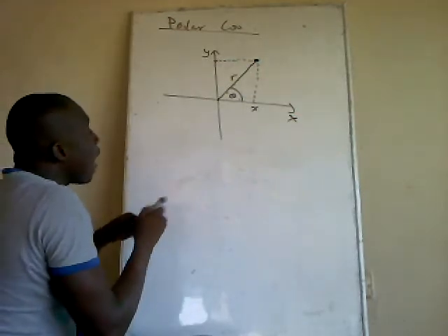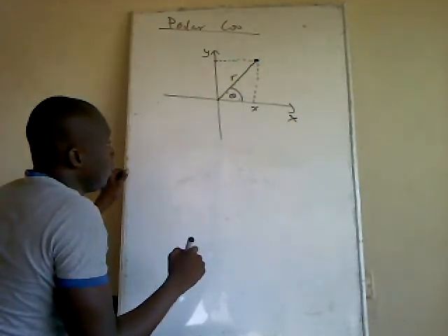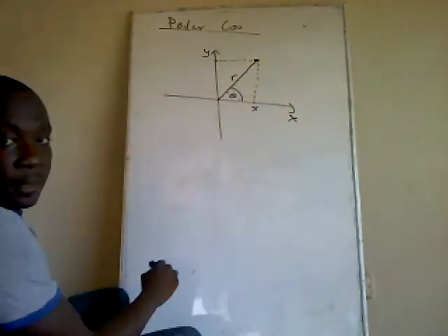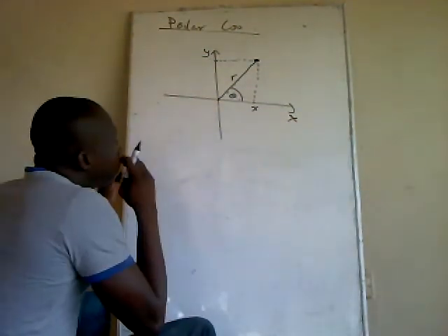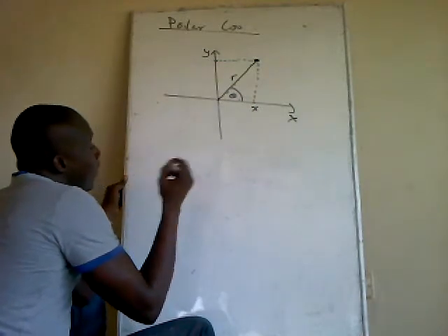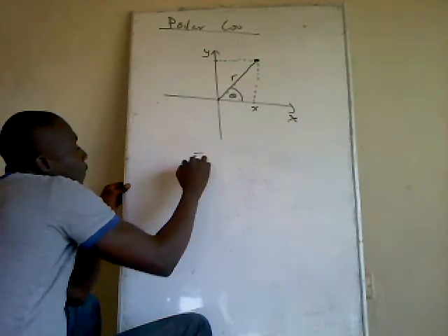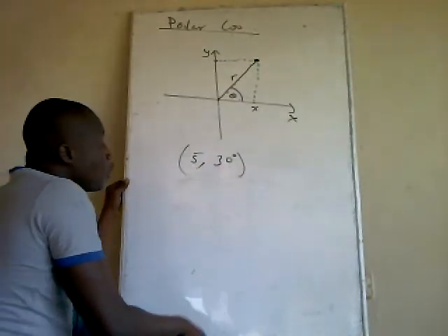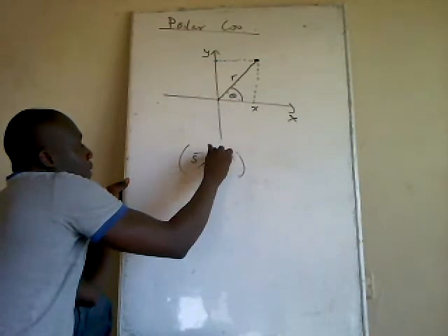This means that if I have a point, if r is 5 and theta is 30 degrees, now let me use radians, let me use pi on 6.